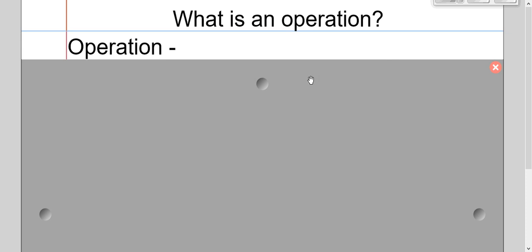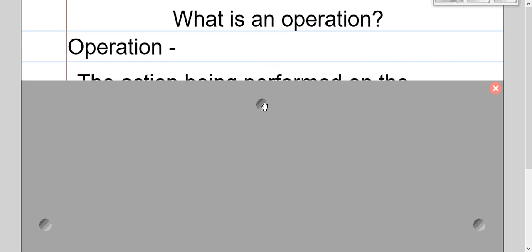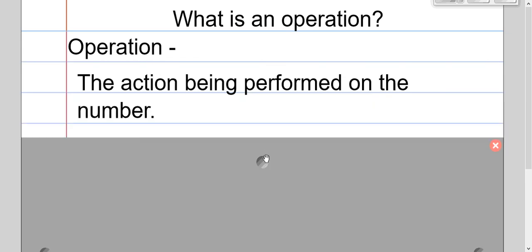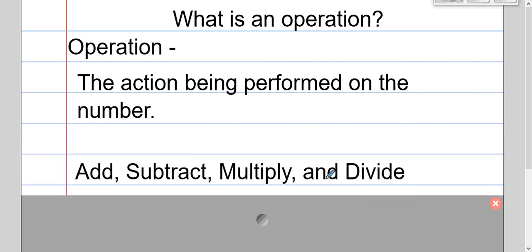You are having something done to your body, something done to you. So the operation, in that sense, the operations for math, the definition is the action being performed on the number. The ones that you know so far are addition, subtraction, multiplication, and division. So those are the operations, just a fancy word for these 4 things that you already know.